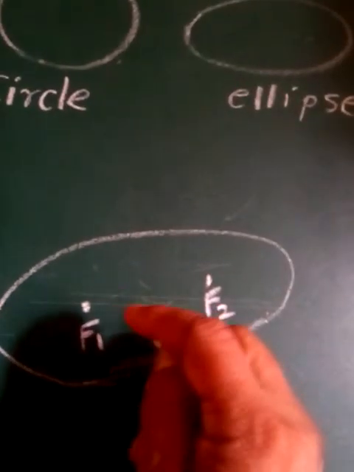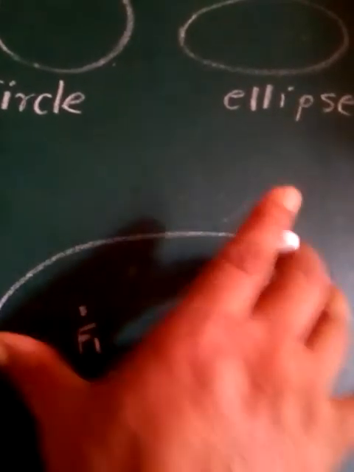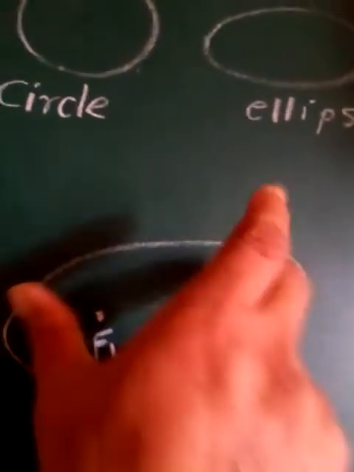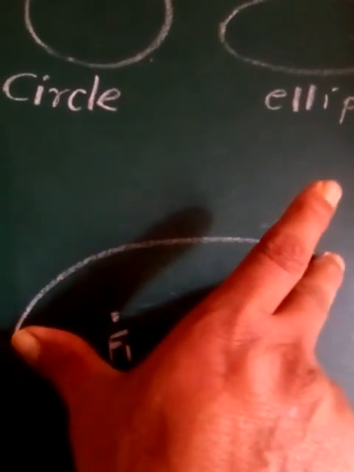Now this is a long ellipse like this, oblong.